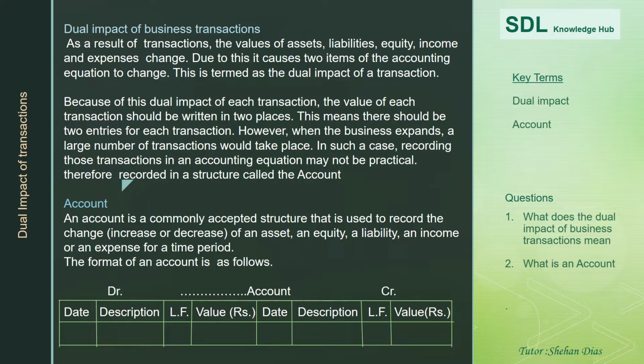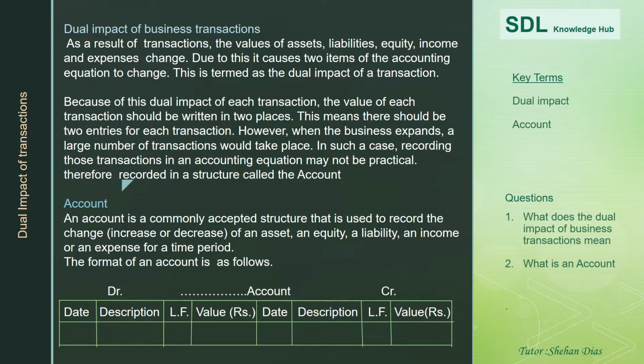So due to the dual impact of a transaction, the value of each transaction should be written in two places. This means there should be two entries for each transaction. However, when a business expands, the number of transactions increases, and recording all of them in the accounting equation will not be practical.